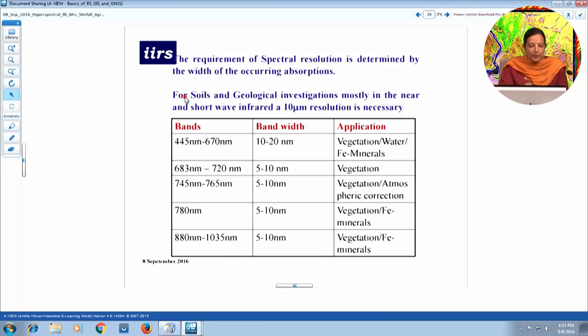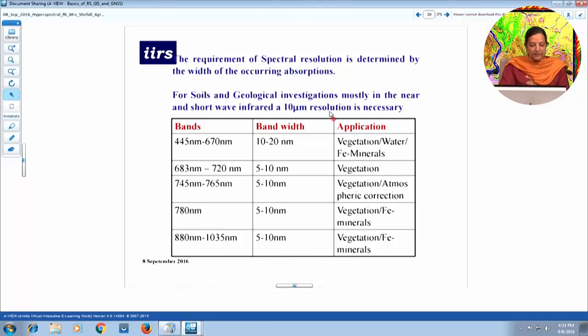Now, what should be the optimum requirement for the spectral bandwidth in terms of different applications? If you look at it, for different applications of vegetation, water, or geological applications like iron minerals or any other minerals, whether we are talking about the visible or near infrared, an optimum resolution coming out is 10 nanometers, because in the visible region it is 20 nanometers, but as we go ahead it says 5 to 10 nanometers in the near infrared region.